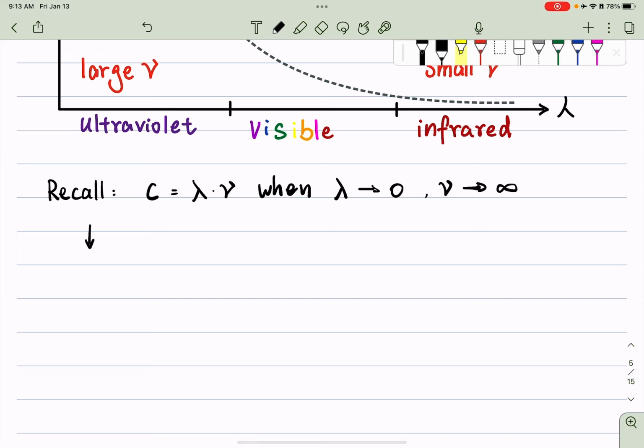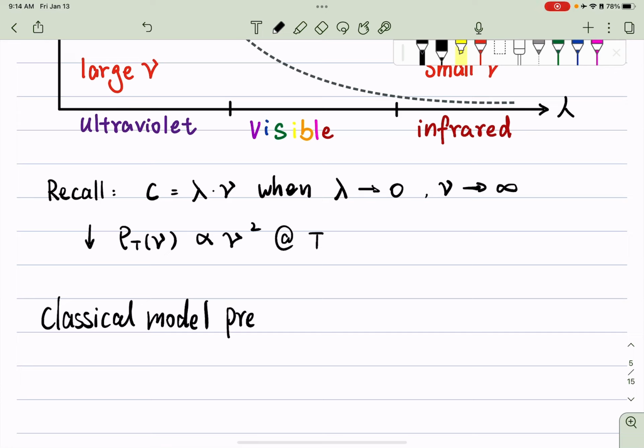And since we just deduced in the classical model that the intensity is proportional to frequency squared at constant temperature, the weird part is that the classical model predicts that my intensity is approaching infinity when lambda is small.